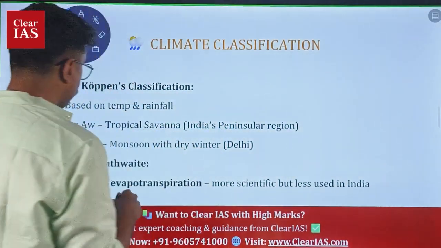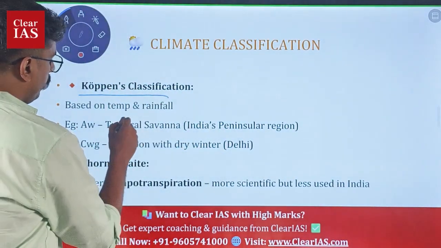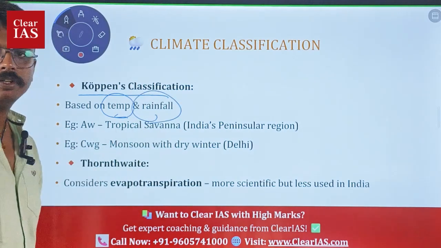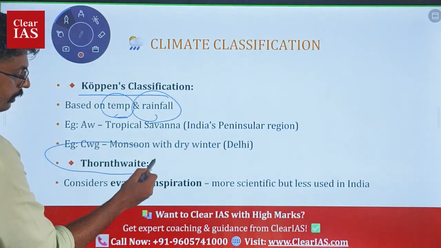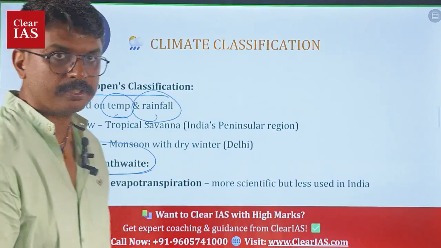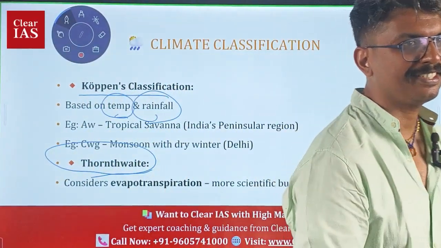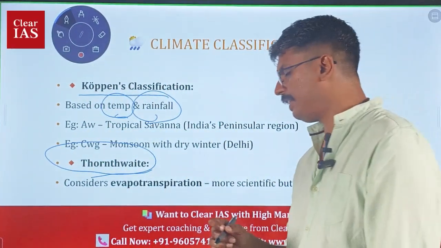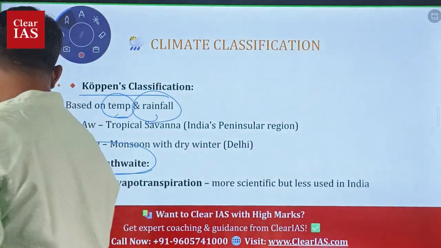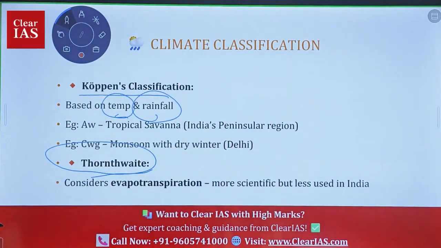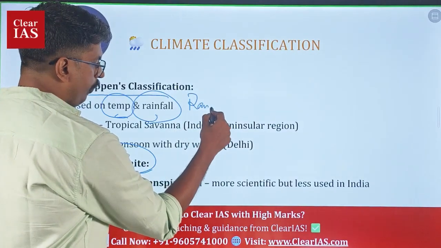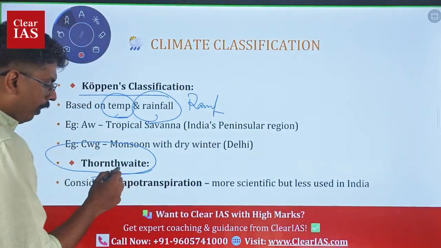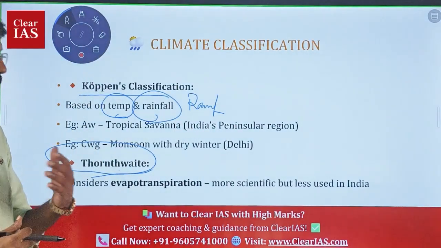So Köppen's classification is based on temperature and rainfall. There is another famous classification called Thornthwaite classification. The major difference is that Köppen considered rainfall, but Thornthwaite took it a step further.